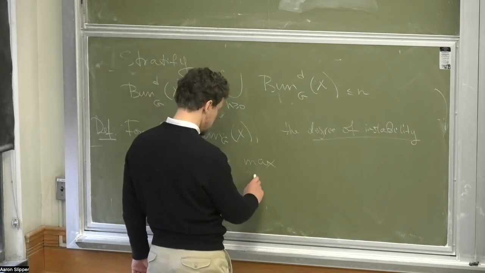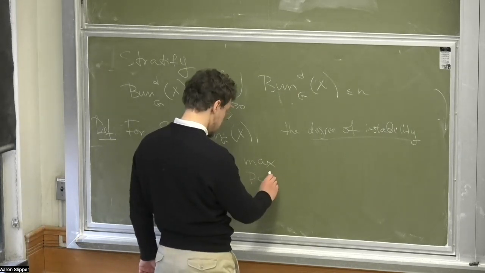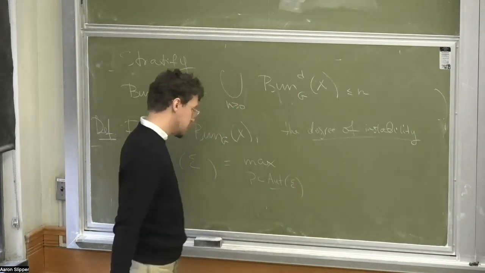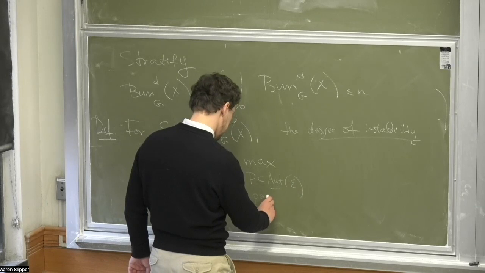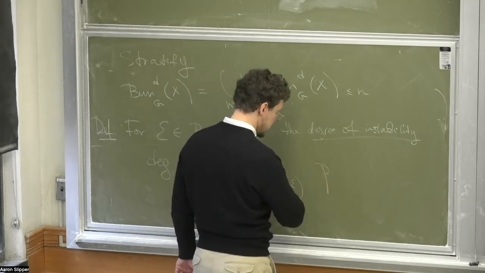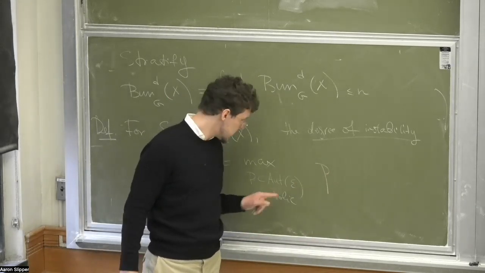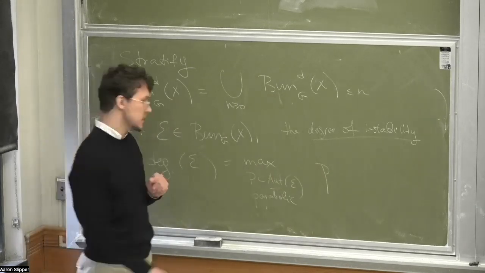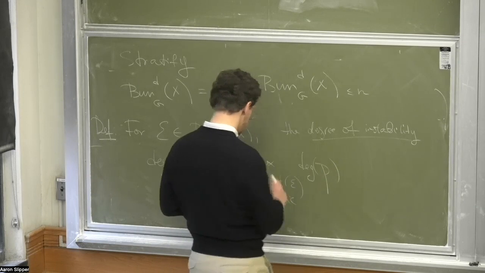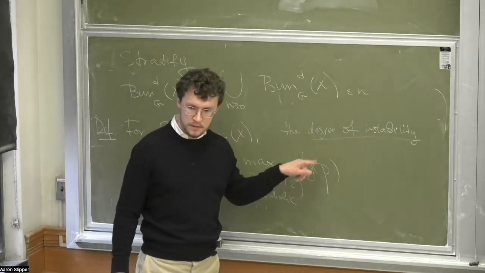I take all parabolics inside the group of isomorphisms, and for any parabolic, the underlying vector bundle, the sheaf of Lie algebras associated to this group, is just a vector bundle on X, and I can compute its degree. So the degree of instability is just the maximum over all these numbers.